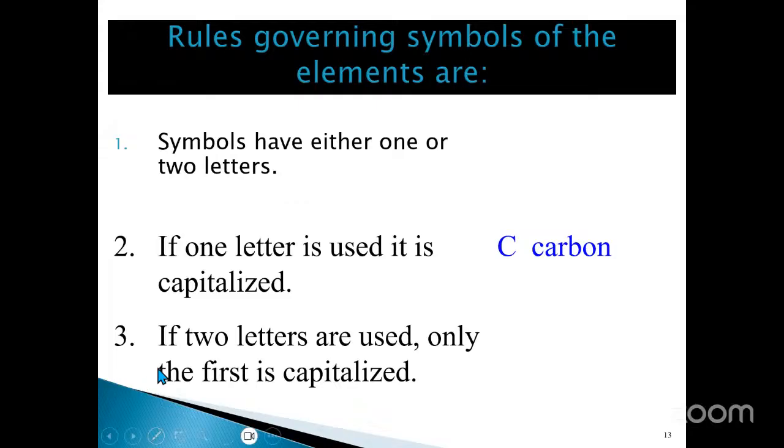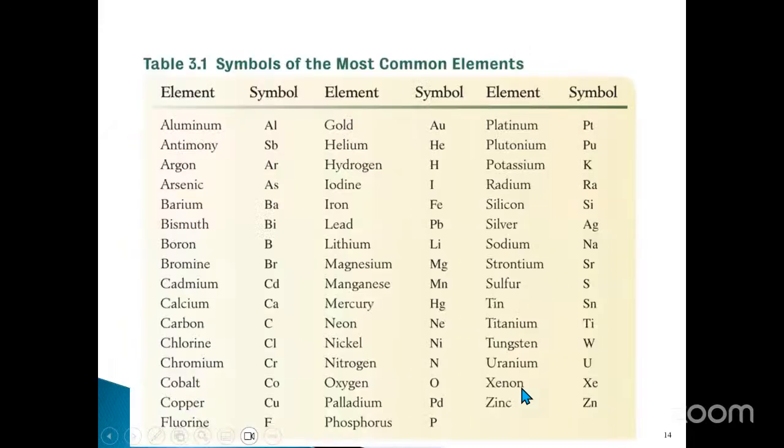In other instances where you have two letters, the first one is uppercase, the second one is lowercase, such as neon, barium, and we have some here like aluminum, antimony, argon, and so on, right? So basically, when it comes to the symbols of elements, those are two types of symbols, all right?